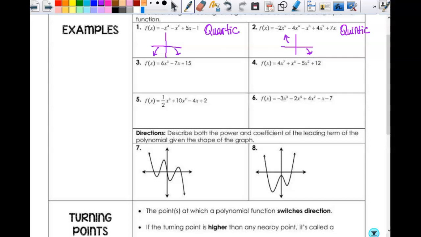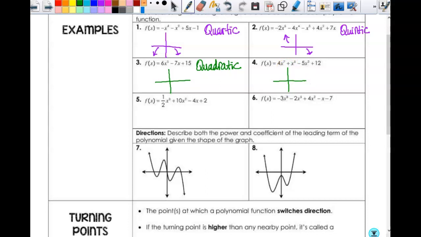All right, y'all do 3 and 4. No, think about what a 7-sided polygon is called. It is not a septagon, though.